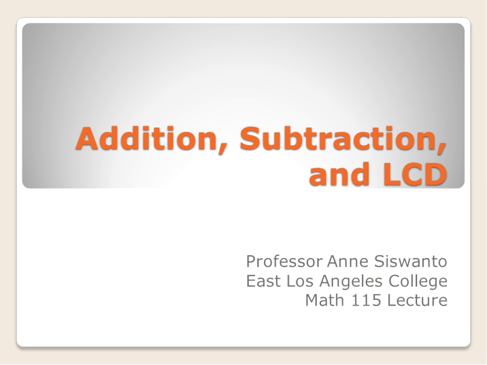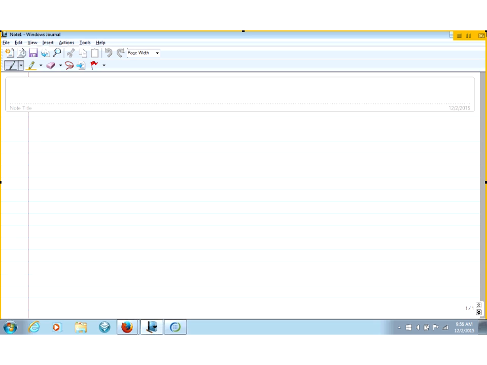So let me share. Oh, let me do this first, and then let me close this. All right. Now let me share desktop. This is 6.3. Okay. So 6.3, addition, subtraction, and LCD. So what we're going to do is the LCD first. The addition and subtraction with common denominator is easy. Yeah, so we will do the LCD first.